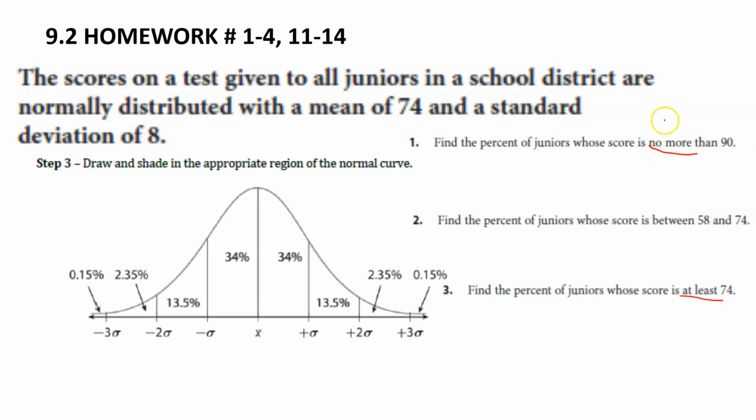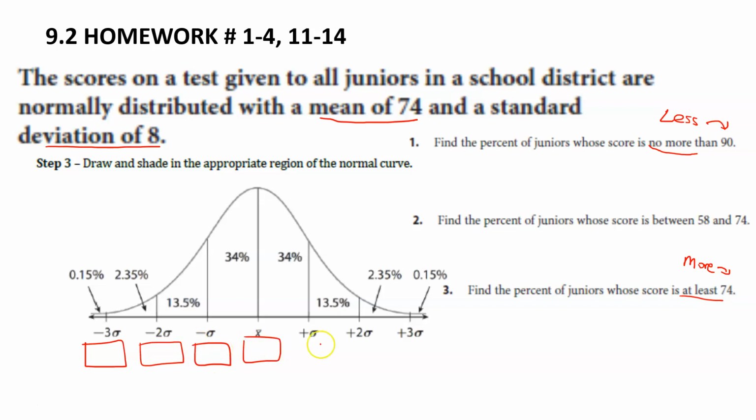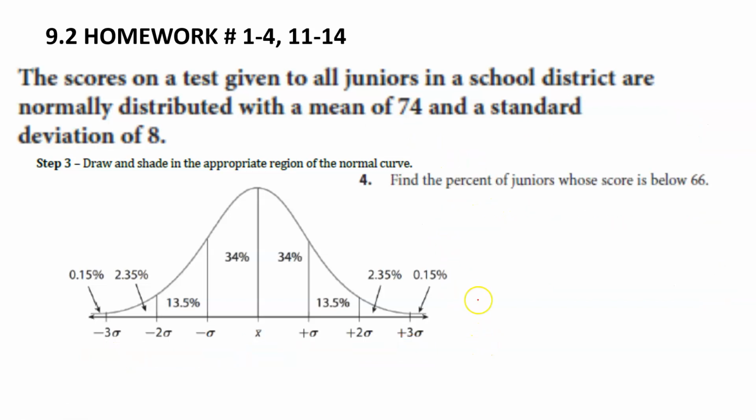No more than means it could be less than that particular number, but it can't be any more than that. At least means that it could be more than that number, but not any less. So follow the same patterns. Find your mean, use your standard deviation to fill in these spaces, and then use this normal distribution to answer numbers 1, 2, 3, and 4 as well.